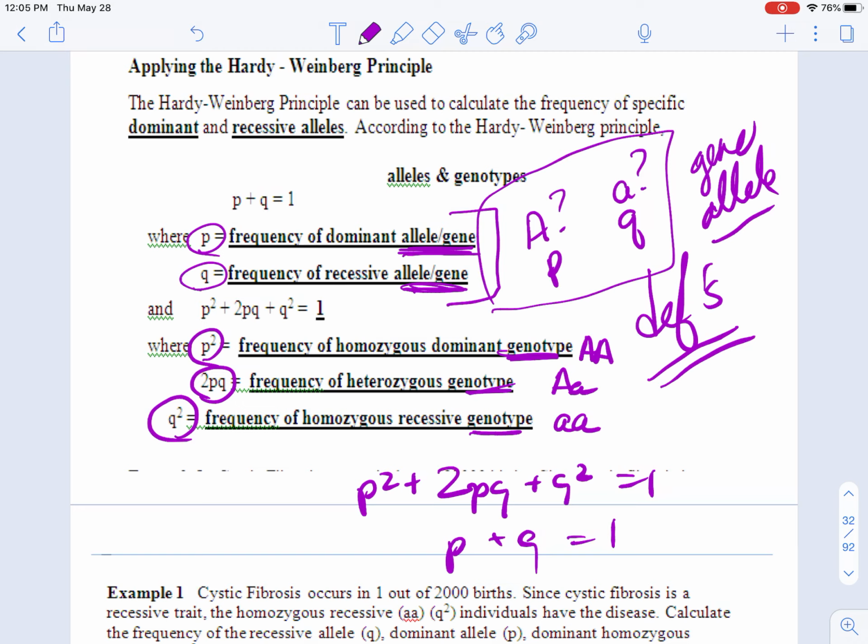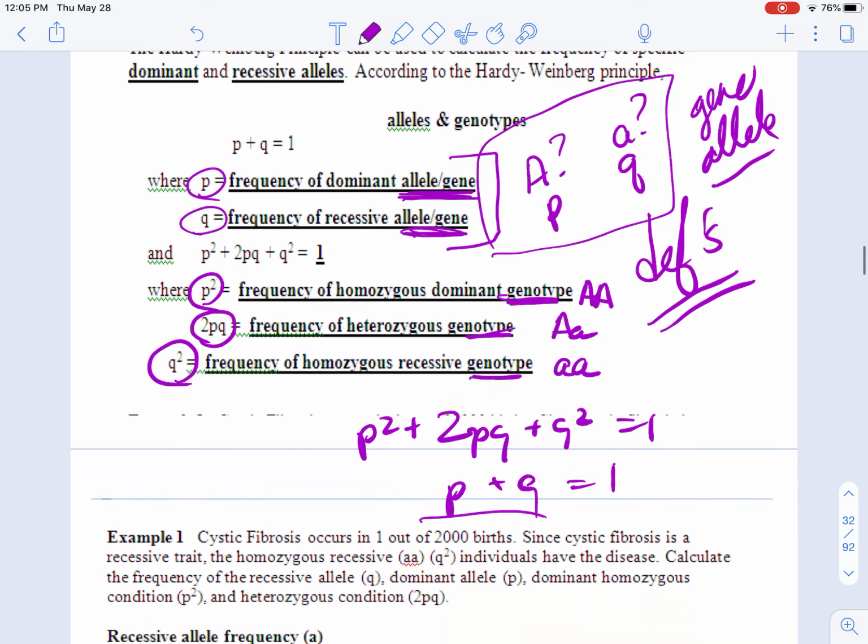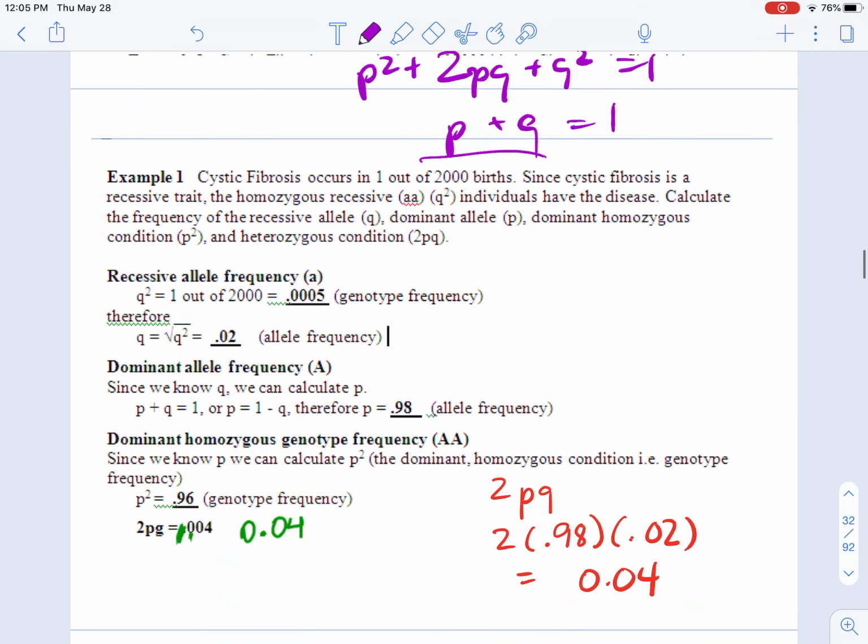Sometimes they give you the p or the q, and you have to use those directly. You don't have to calculate them then. If they give you the gene or allele frequency, you can put them right into the question and find out your answer.